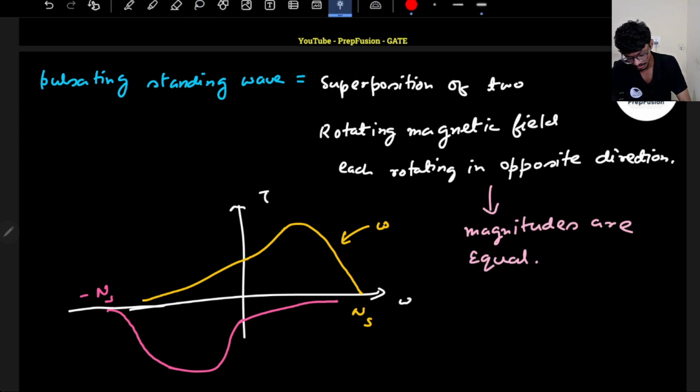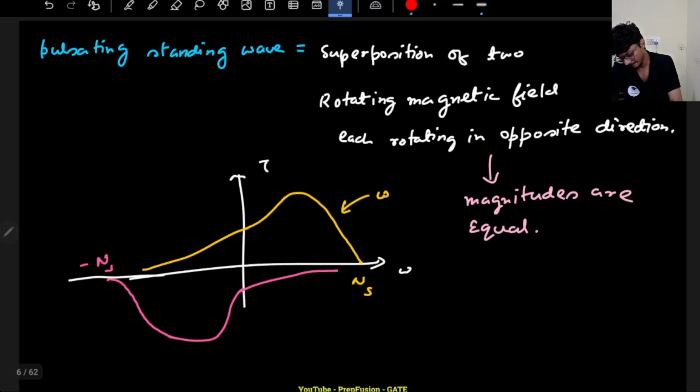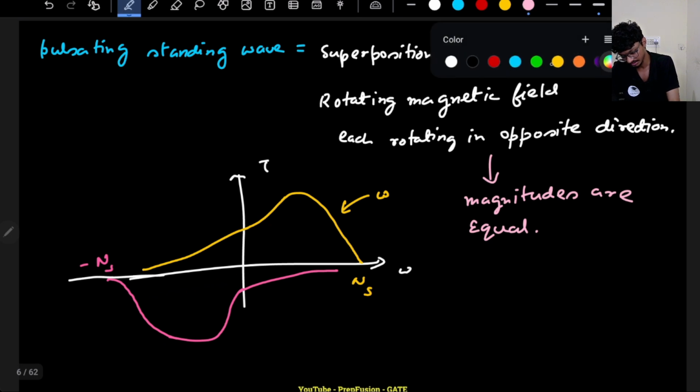As their magnitudes are equal, the torque produced due to them also will be equal. Okay, so that is the case over here. I hope you have understood this basic point.